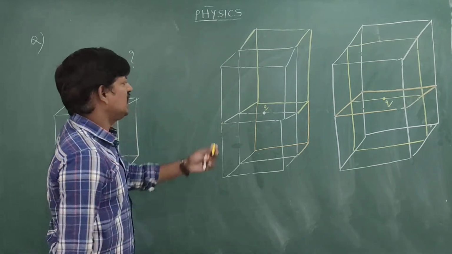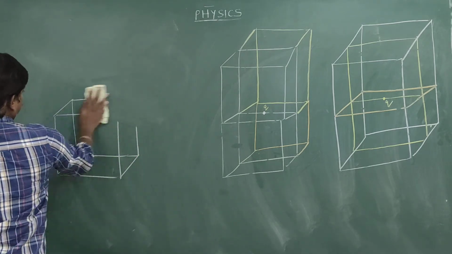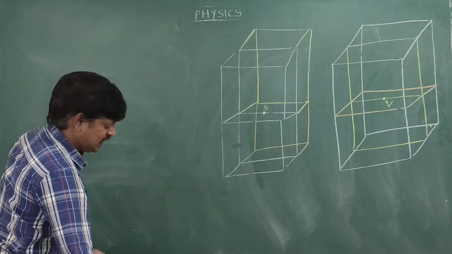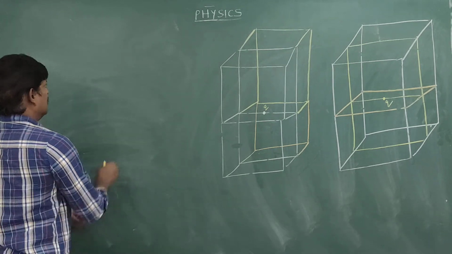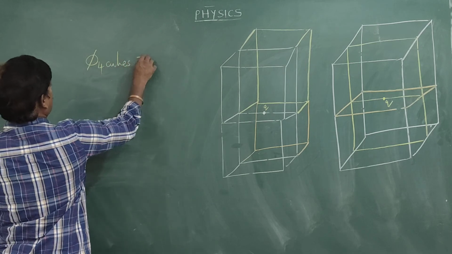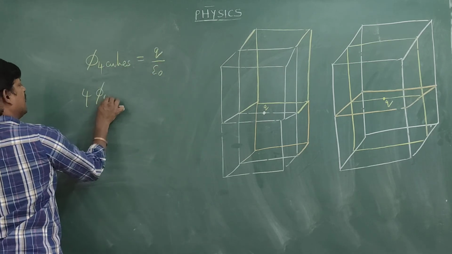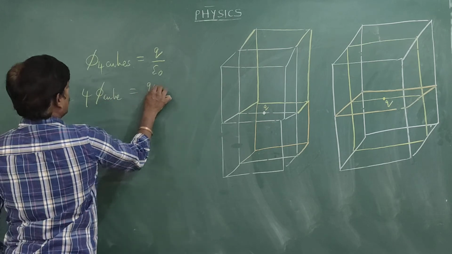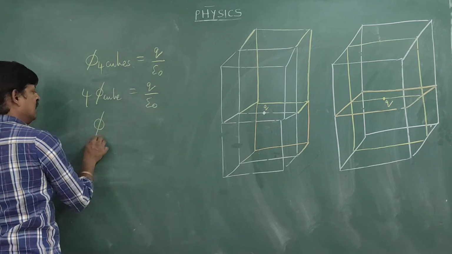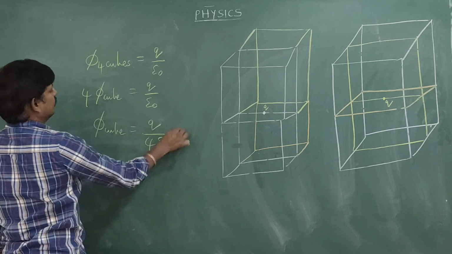Now the charge is inside all the 4 cubes. Then flux through 4 cubes is equal to Q by epsilon. That means 4 times flux through each cube is equal to Q by epsilon. Then the flux through each cube is equal to Q by 4 epsilon.